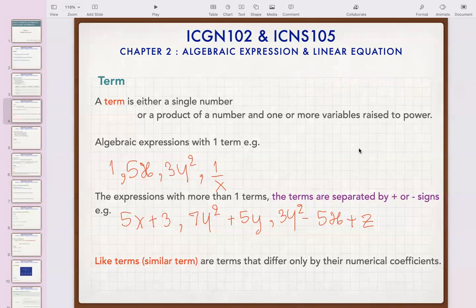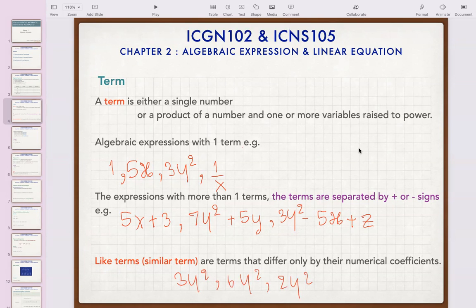The next one, we have like terms, or similar terms. These are terms that differ only by their numerical coefficients, or in easy words, the number in front of the variable. For example, 3y squared, 6y squared, 2y squared. These are like terms or similar terms.